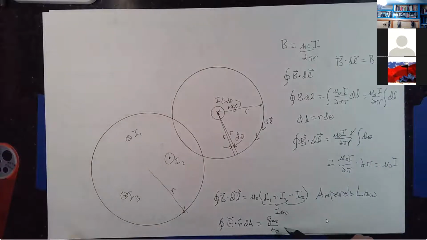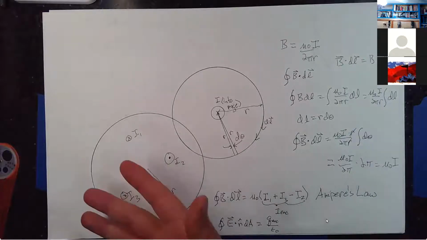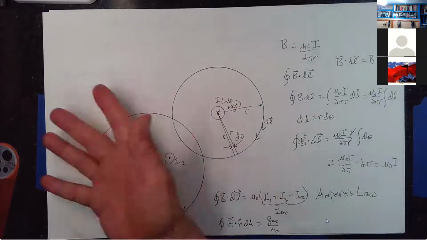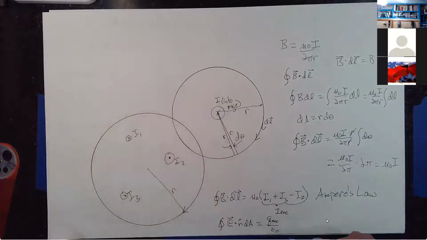If a charge was outside of the Gaussian surface that you're integrating over, it had no effect. It caused as much flux to go into the surface as it had coming out, and so it didn't affect the electric flux.